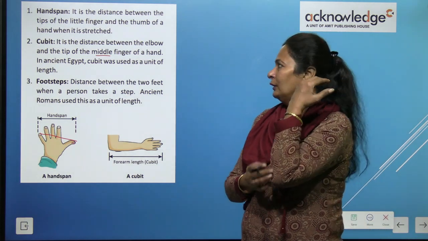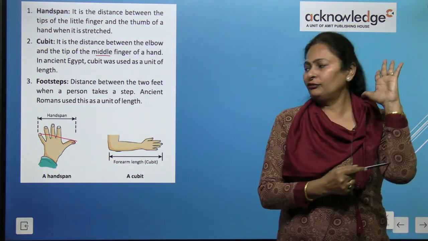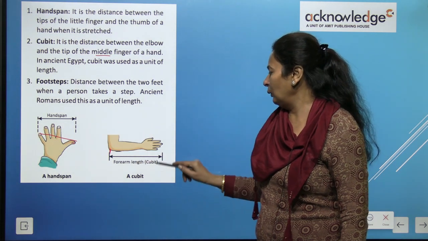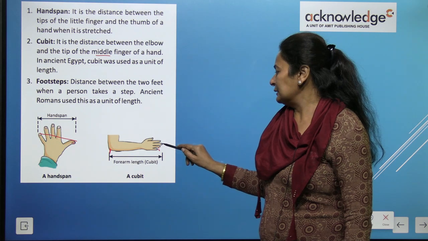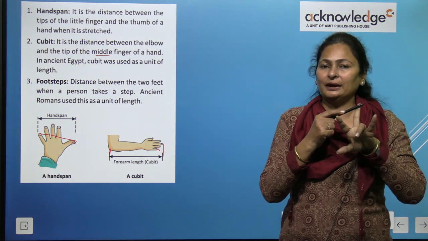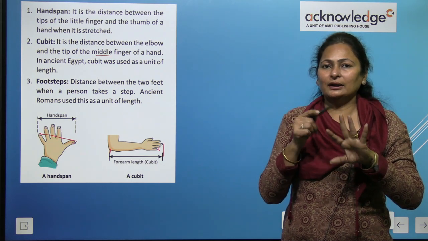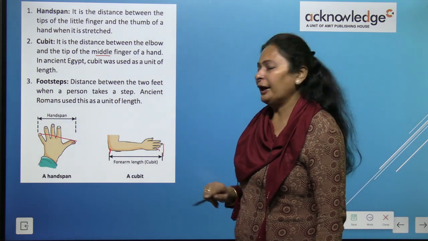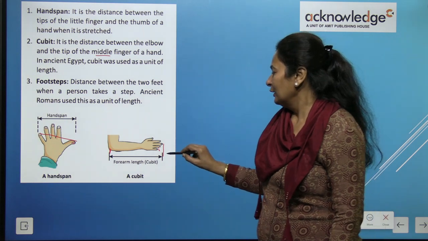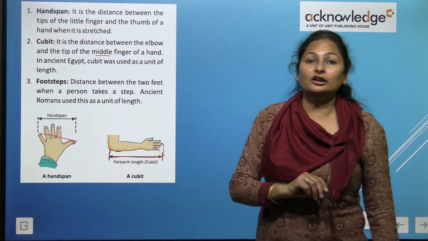From the elbow to the tip of the middle finger. You can see in this picture, this is the point of the elbow and this is the point of the middle finger. We are taking it because the middle finger is the longest one. So that is why we have taken the tip of the middle finger. So this distance we call a cubit.